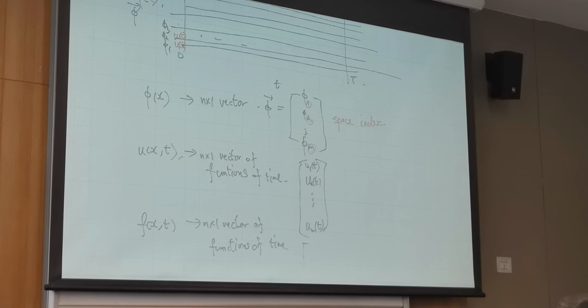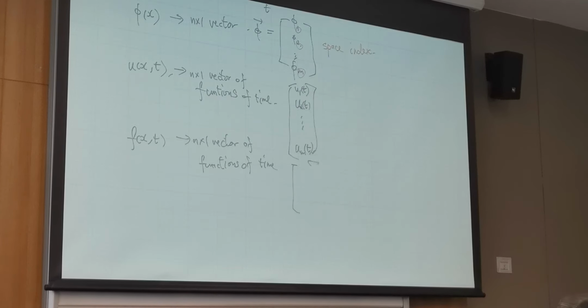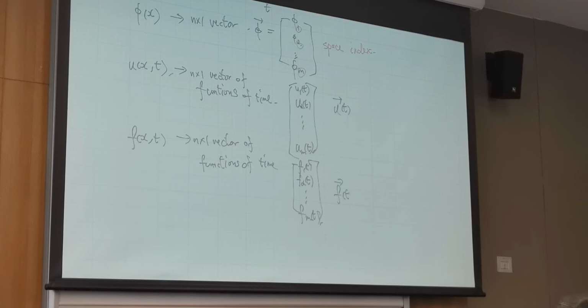Which means that we're going to have things like f1 t, f2 t, until fn t. So this is written as u vector t, and this is written as f vector t. So that's good.